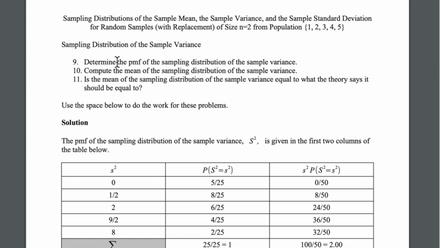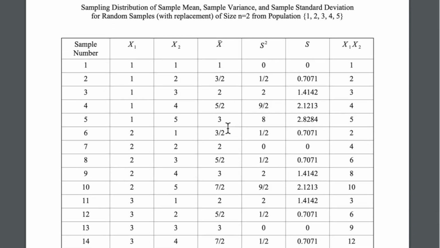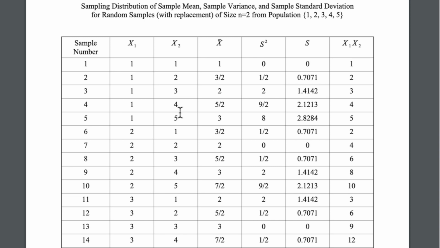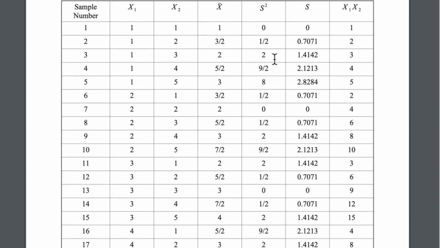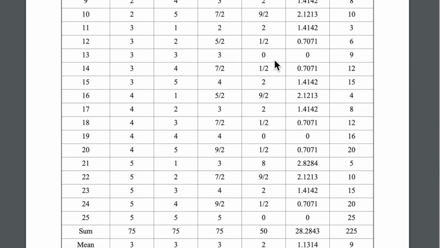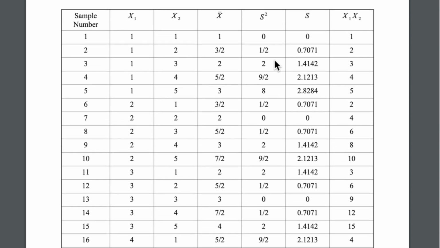Again, we determine the PMF of the sampling distribution of the sample variance. If I go back to this filled out template that has all 25 samples, for each of those samples of size 2, I've calculated the sample variance. You see that the possible values for the sample variance consist of 0, 1/2, 2, 9/2, and 8.